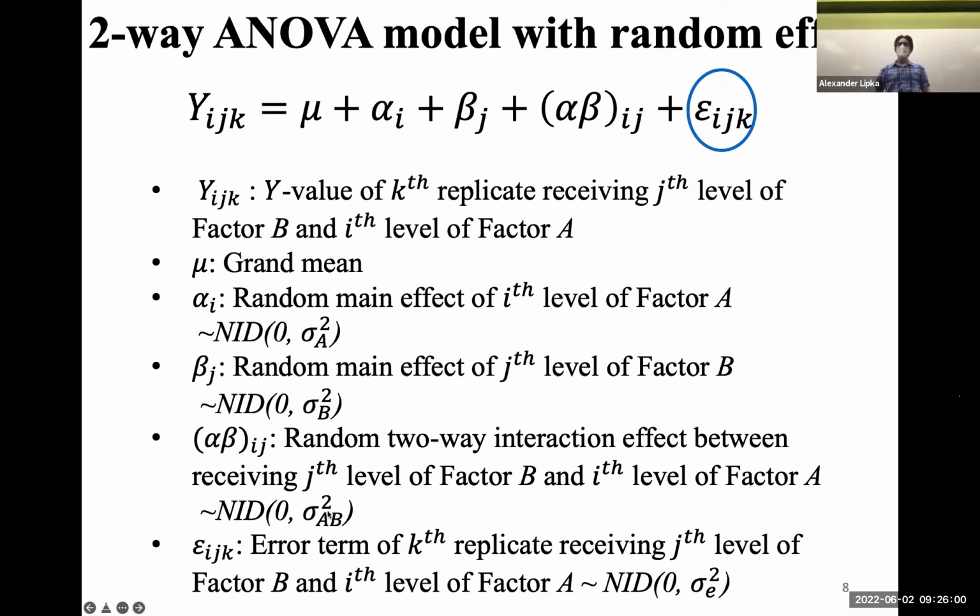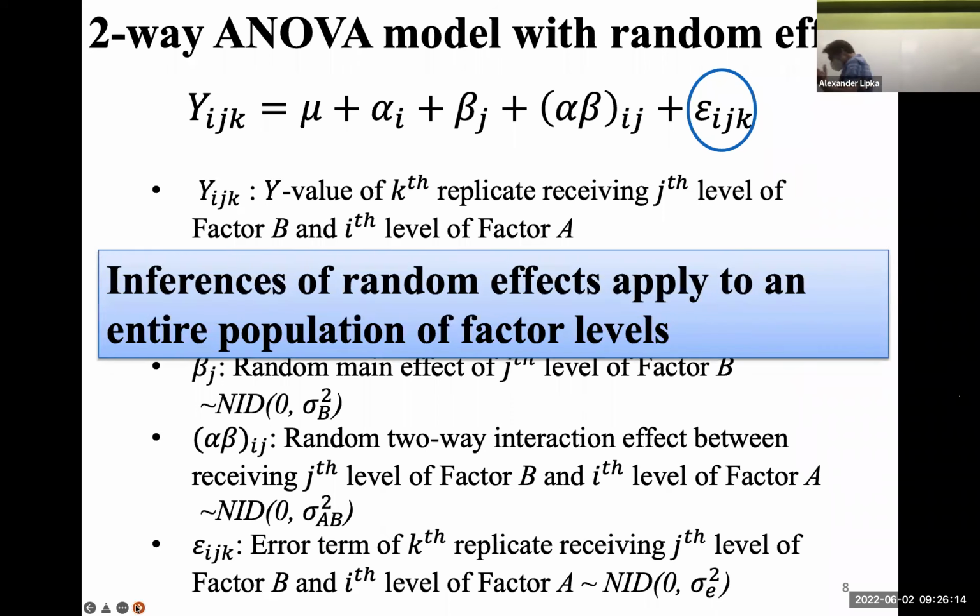So when you are fitting a model with random effects, you do care about the entire population, which, by the way, is this over here. You care more about the population of possible levels of your effects, main effect A, main effect B, two-way interaction effect. But your data are still going to help you with making those inferences.